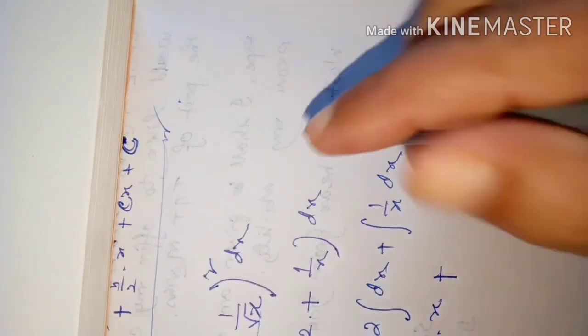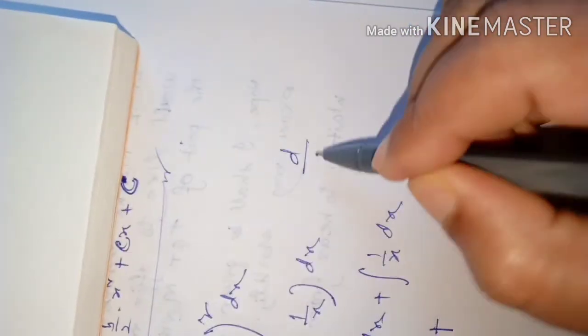Recall, dear students, you remember d by dx of log of modulus of x. Modulus of x means the logarithm with base e is applicable only for positive values of x. So d by dx of log x is what? 1 by x.